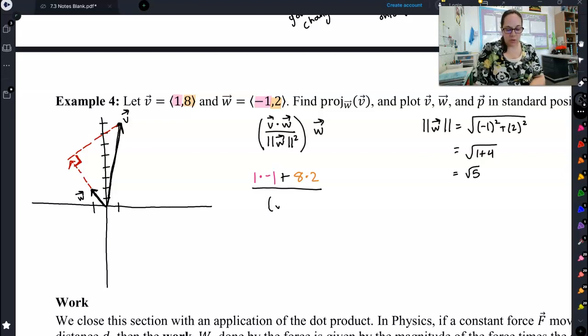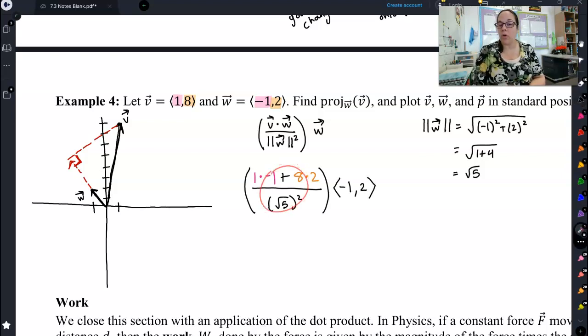And we're going to square that magnitude. And whatever this scalar is, I'm going to multiply that scalar by vector w. And we're hoping this scalar should be greater than 1 because it's supposed to make w bigger, at least according to our picture. So let's multiply this out.